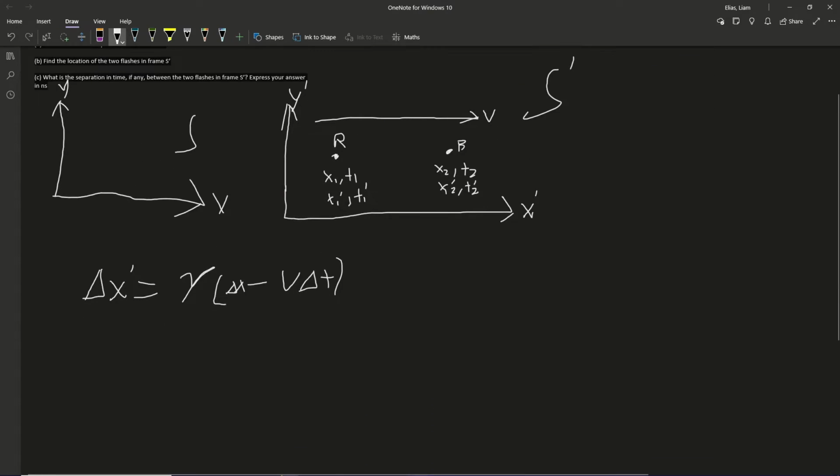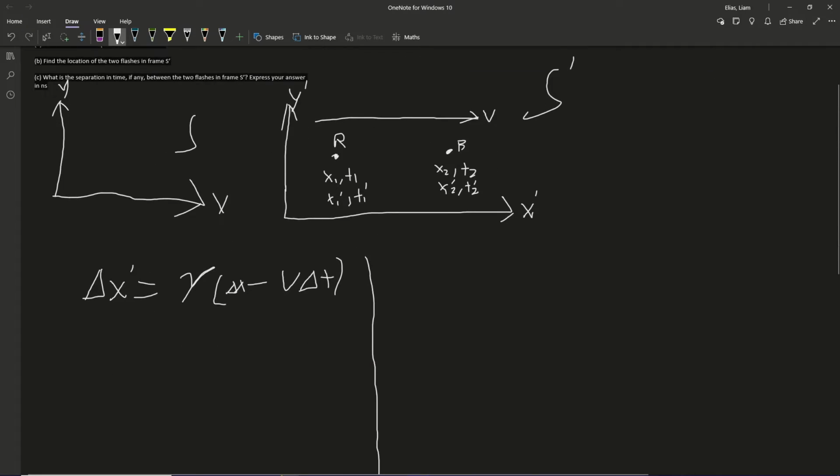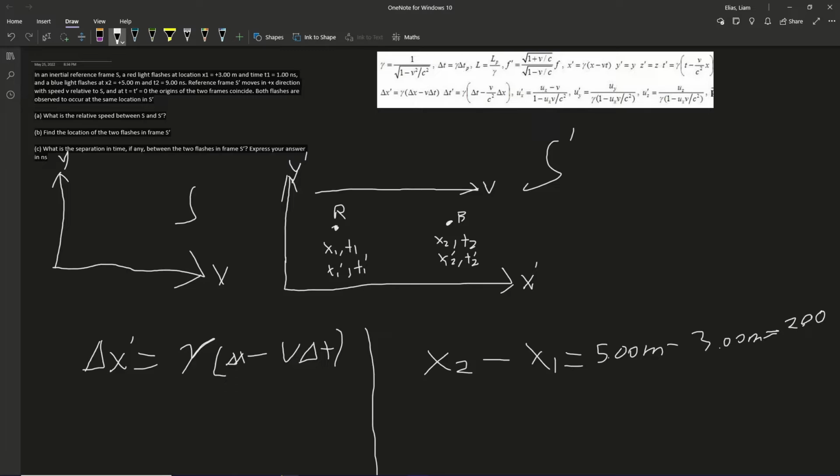Let's write this off to the side here. In frame S, we know the locations of the events, x1 and x2. So the difference, delta x, is equal to x2 minus x1, which is 5.00 meters minus 3.00 meters, equal to 2.00 meters.